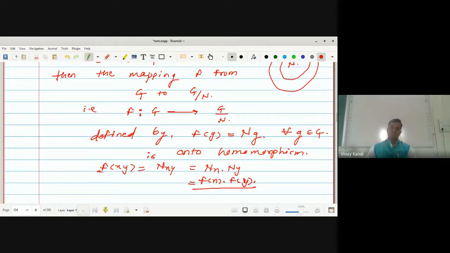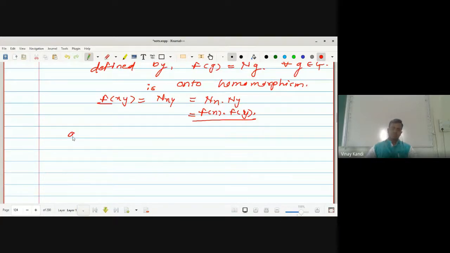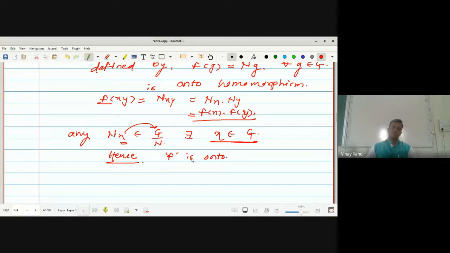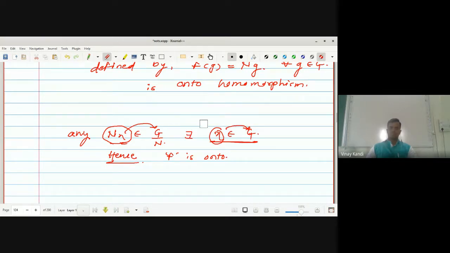So the function is homomorphic. For onto: for any Nx belongs to G by N, there exists x belongs to G. Hence this f is onto, since for any element of codomain we get an element in domain. So there is no need to prove it once again.